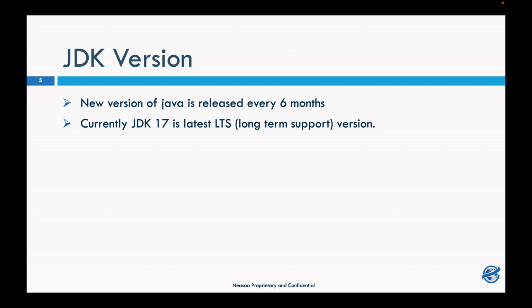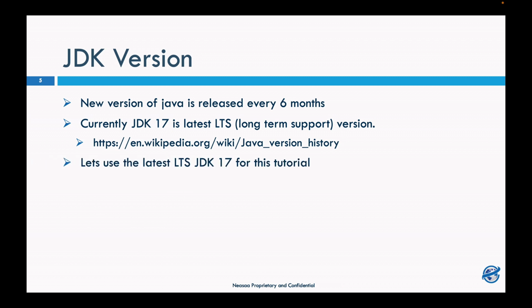Currently JDK 17 is the latest long-term support version of Java. To get more information about the Java version, you can refer to Wikipedia, which has all the information: which version is released in which year or which month, and which one is a long-term support version. So let's use JDK 17 for this tutorial.